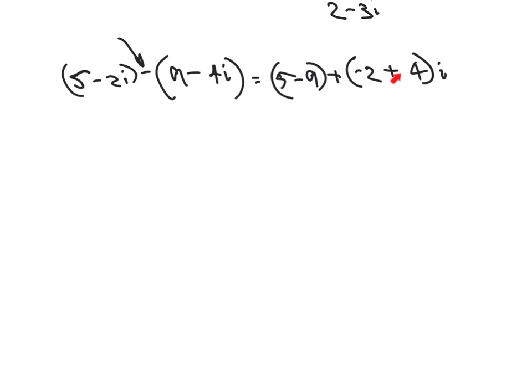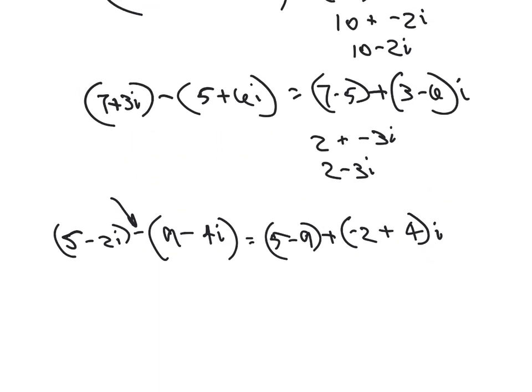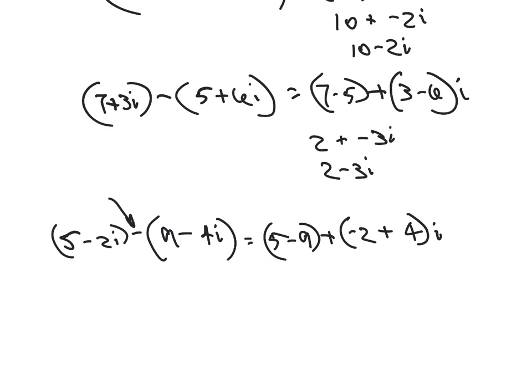Now, why is this plus? Because a negative and a negative. So really, what is happening, let me see if I can get us back up here to the one we did right before this. Okay, so we have a 7 minus 5, and we have a 3 minus 6.